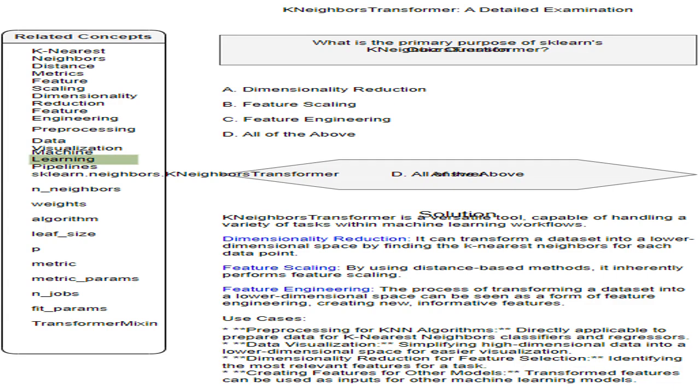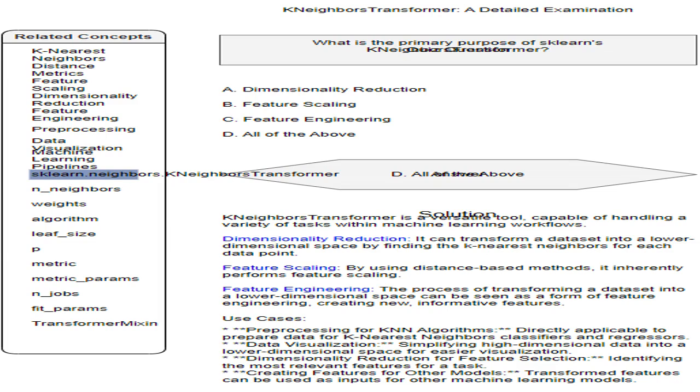X0a. Machine learning pipelines. K-neighbors transformer is a class in the sklearn neighbors module. It implements the K-neighbors transformer functionality, allowing you to apply the transformer to datasets. X0a. sklearn neighbors. K-neighbors transformer.